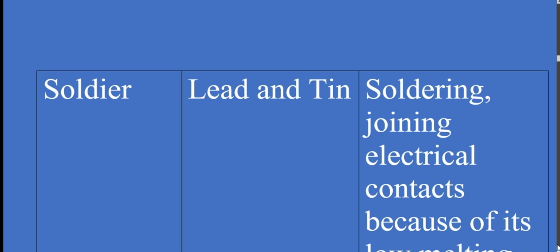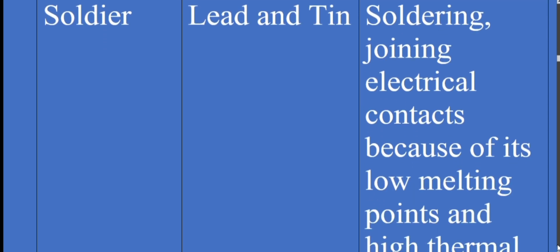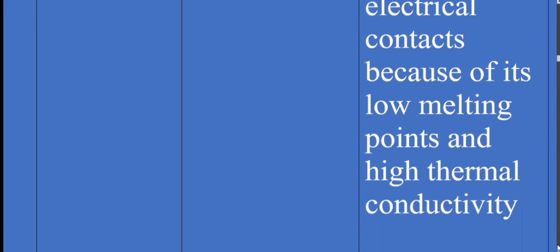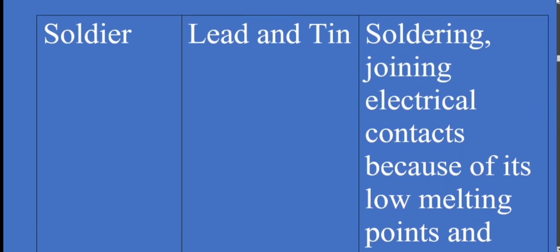Soldering is joining electrical contacts, because of its low melting point and high thermal conductivity. Soldering is used mostly by electrical people. If they want to join electrical contacts, they use a solder.